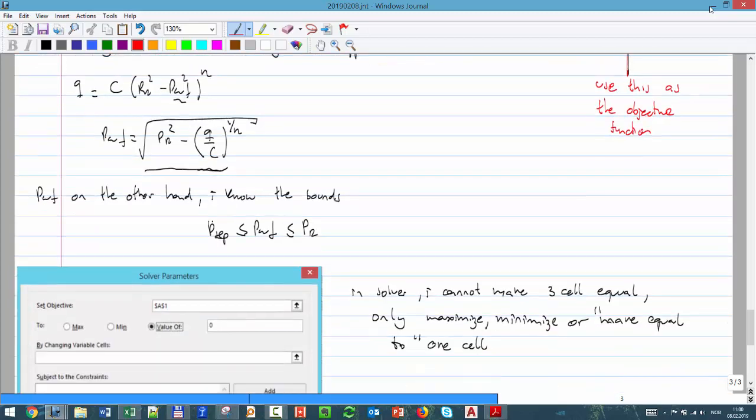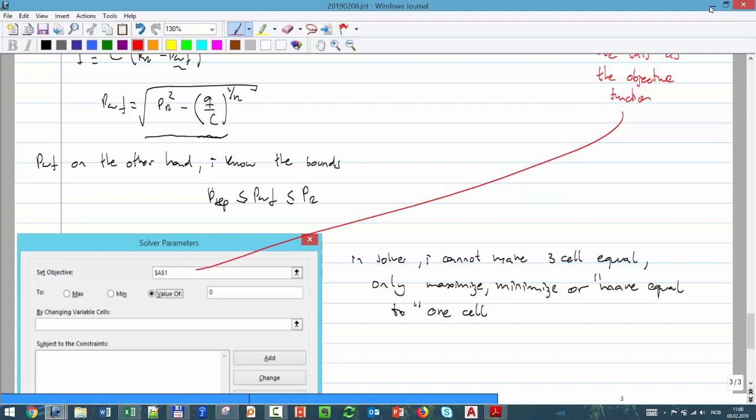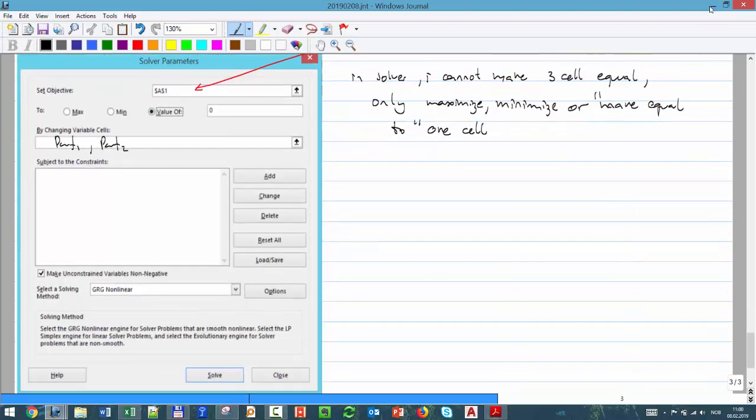I want that cell to be minimized, or made 0, by changing which cells? The PWF1 and PWF2 that I assume. Then you click run, and you will probably find it's not so easy. You will have some issues, but in principle that's that.